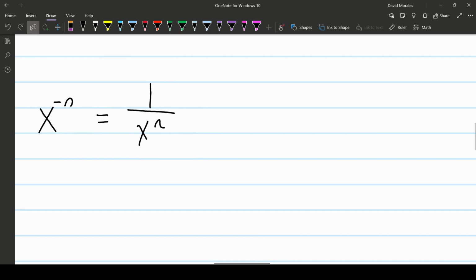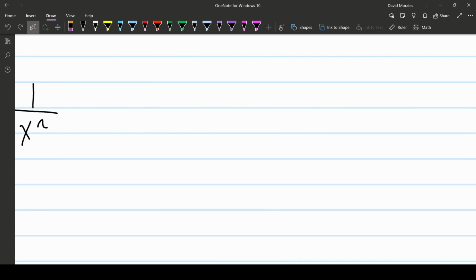So if I had any number, let's just say that I have 5 raised to the negative 3, then for it to be positive, it's going to be 1 over 5 to the third. Vice versa. If I happen to have 5 to the negative third on the bottom, then it would go on top.